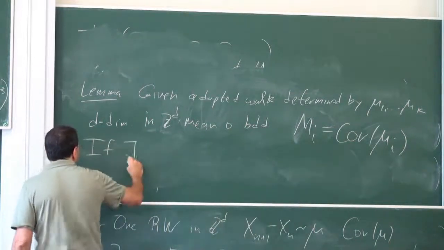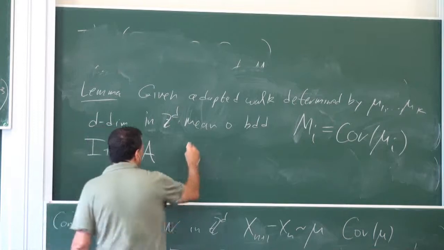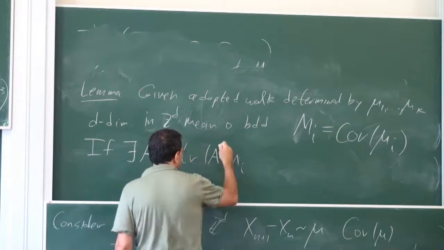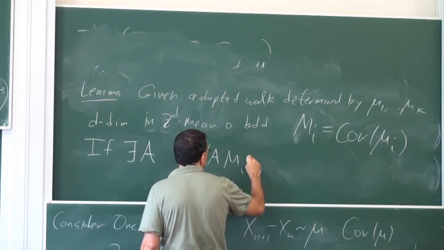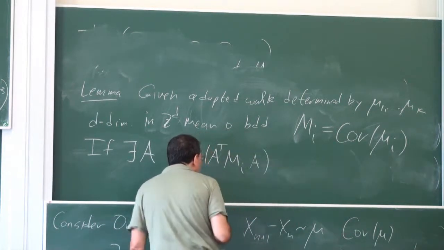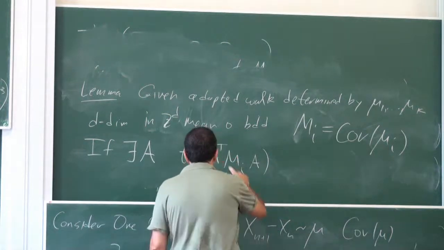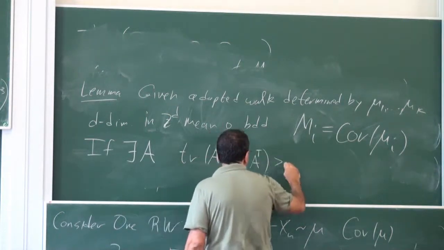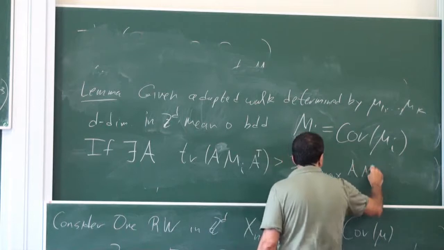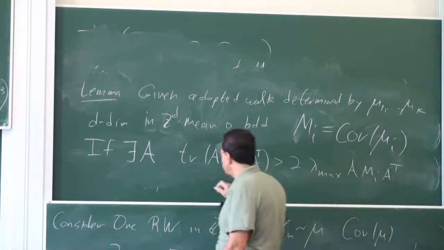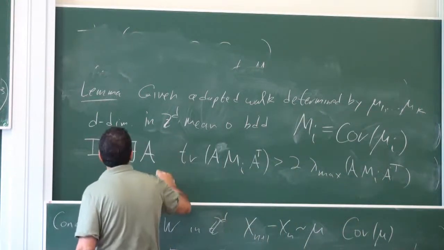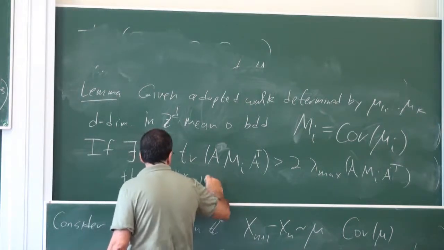If we can find one matrix A, and it's crucial that it's one matrix A, so that the trace of A M_i A transpose is strictly bigger than twice the lambda max of A M_i A transpose, then the walk is transient.